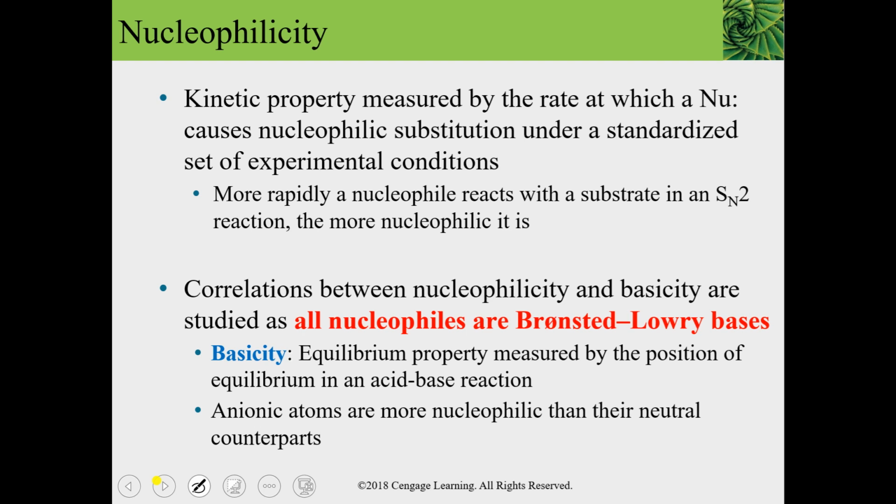Now, when we talk about the correlations between nucleophilicity and basicity, we're talking about nucleophiles and the Bronsted-Lowry bases. So basicity here is an equilibrium property measured by the position of the equilibrium in an acid-base reaction. Keep that in mind always.